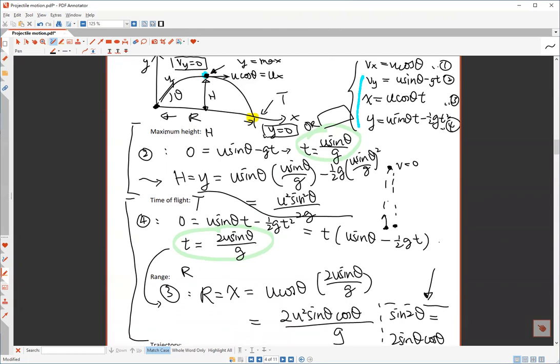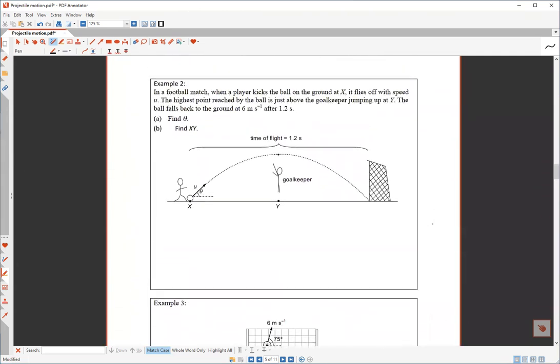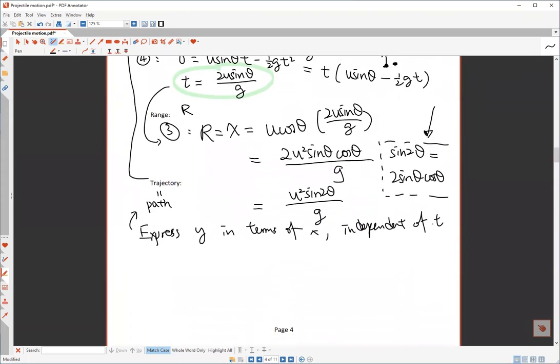You can simply do the substitution to eliminate the time t. I'll give you 2 or 3 minutes to do it. I'll write down the equations here again. Use these two equations to eliminate the time t and see if you can get the answer.